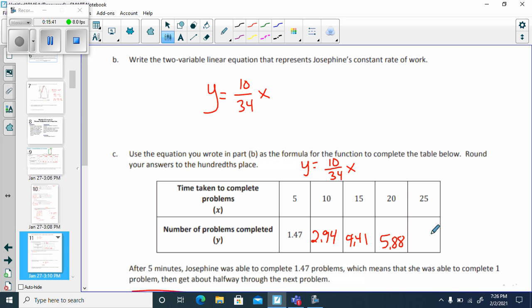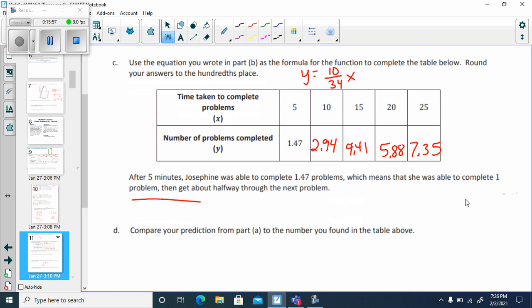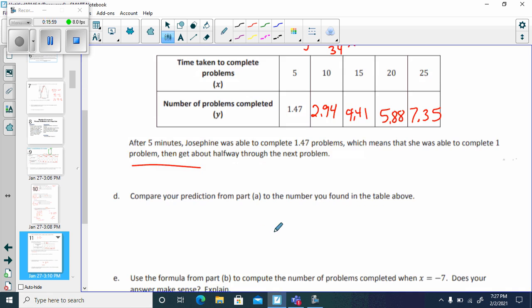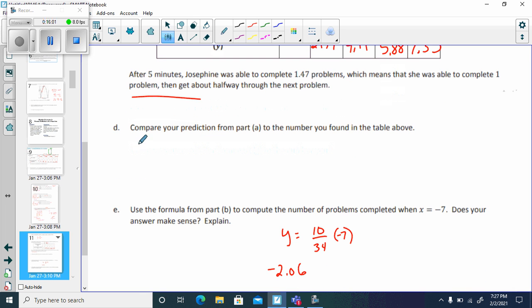That's what we got just a minute ago when we did 25 minutes, right? 7.35 problems. Does that make sense? If you can do 10 problems in 34 minutes, then you do less than 10 problems in 25 minutes. So that would be 7.35 would make sense. We've already done this. We compared that. Our 7.35 is the same thing we got before.